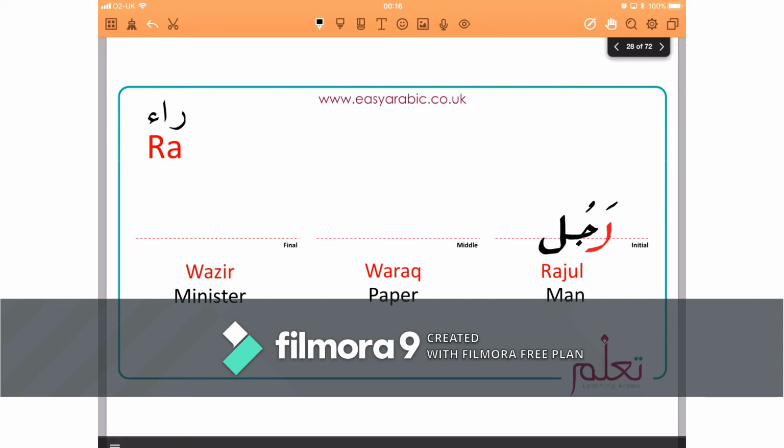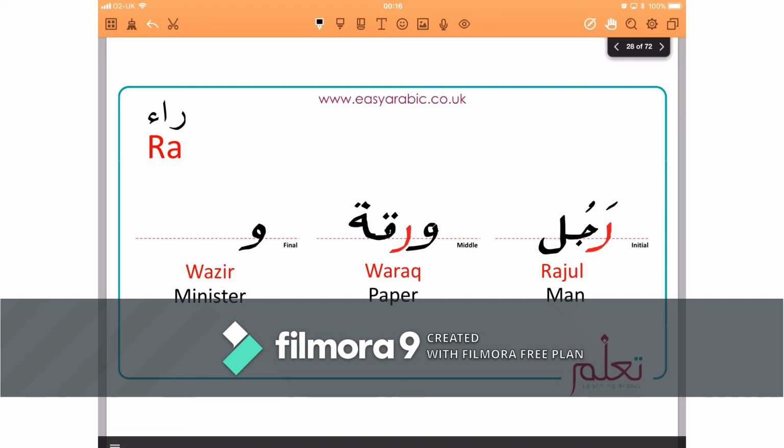Next one is waraqa. So we have the waw, then we have the ra, then we have the qaf, the two nuktas, and ta marbuta at the end. Waraqa, waraqa.